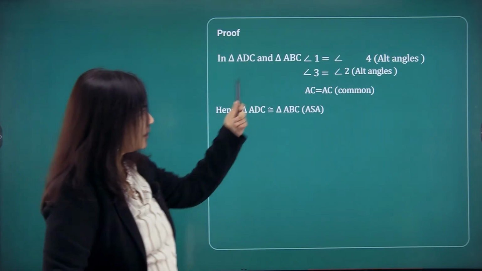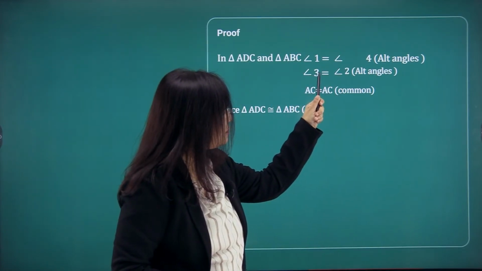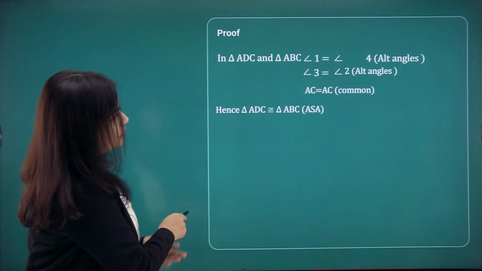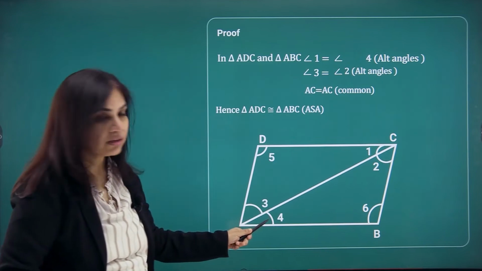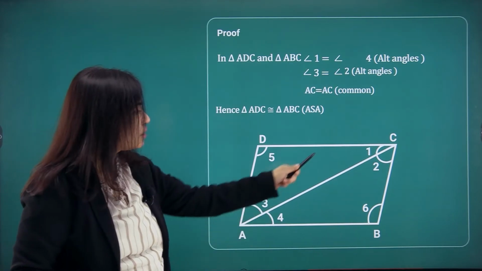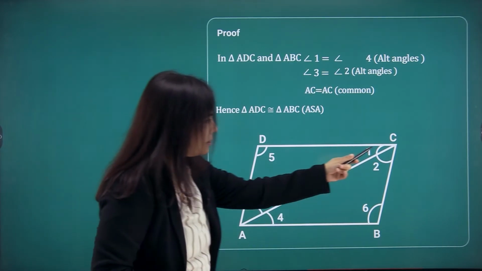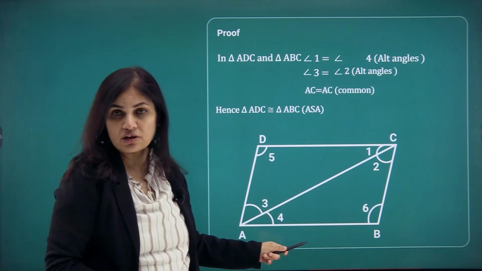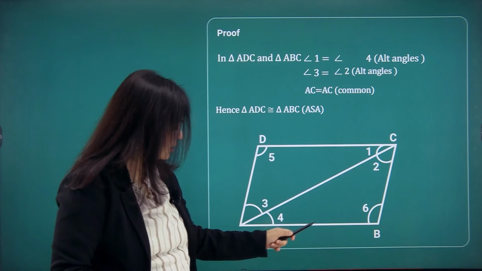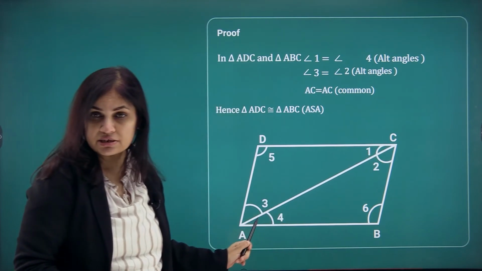In triangle ADC and triangle ABC, angle 1 is equal to angle 4. Why? Because CD is parallel to AB, as opposite sides of a parallelogram are parallel. As such, CA is the transversal.